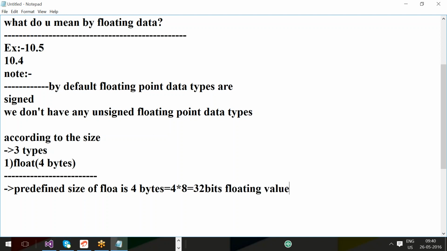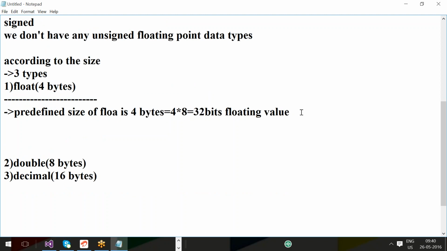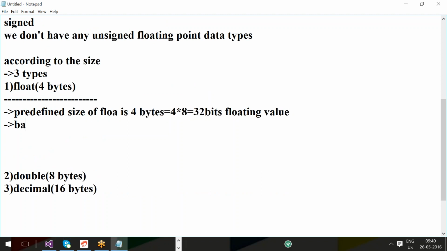One byte equals 8 bits. Next we have to discuss the base type of float. Can you guess?